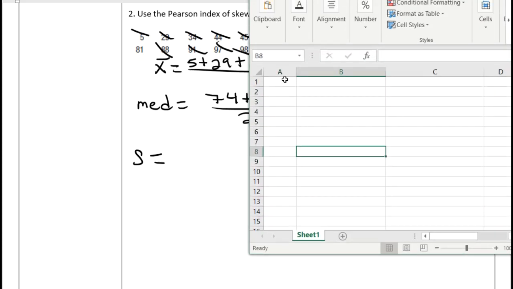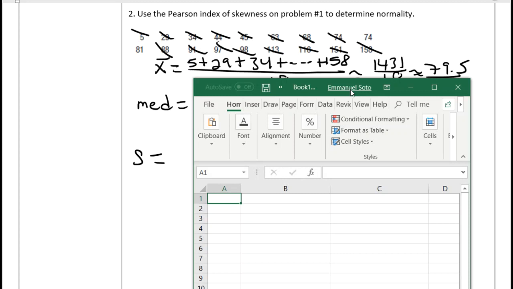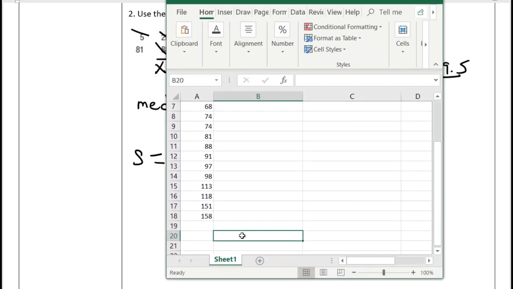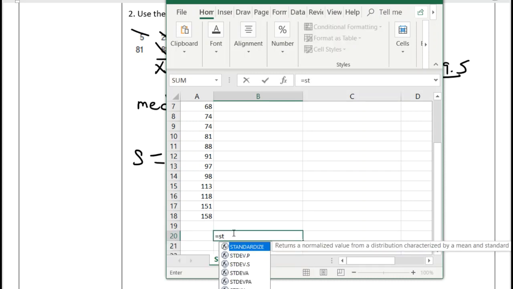Okay, so now I've got all the numbers, and what I'm going to do is type in equals STDEV.S, because I want the sample.